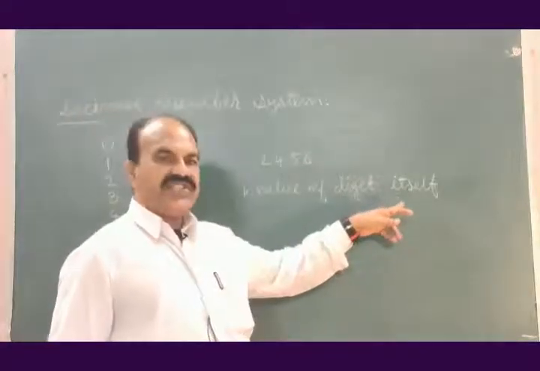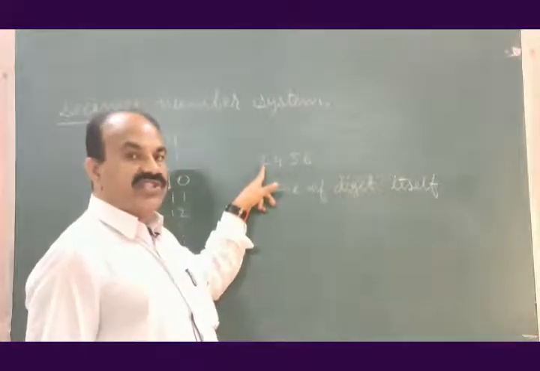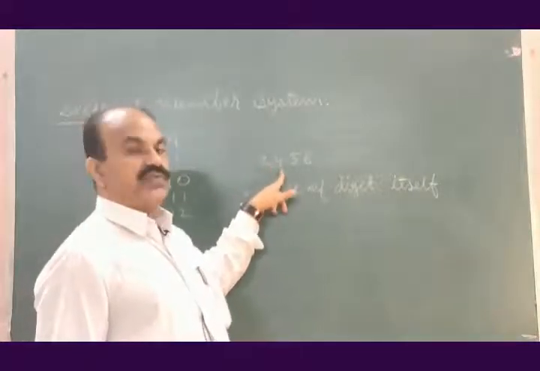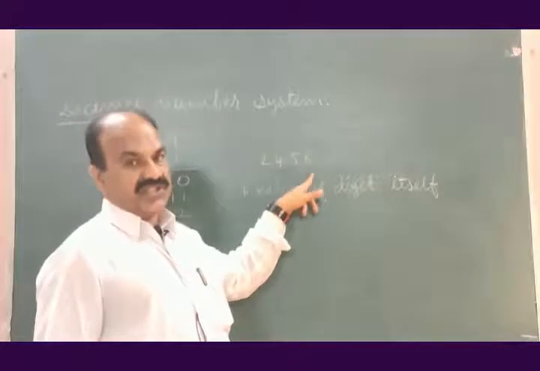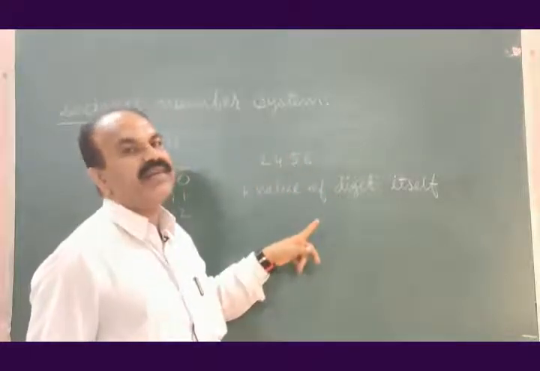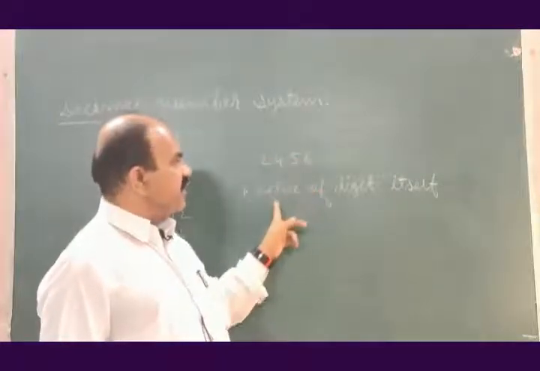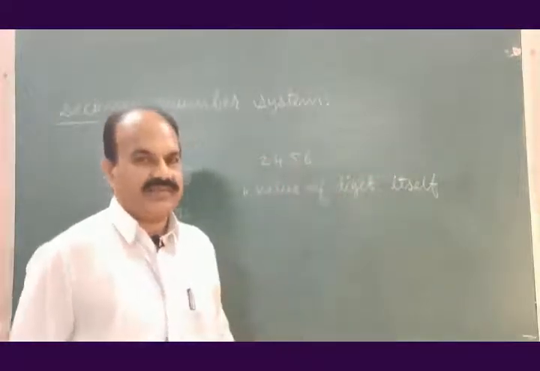Value of this digit is 2, this is 4, this is 5, this is 6. So, first criteria to decide value is value of the digit itself.